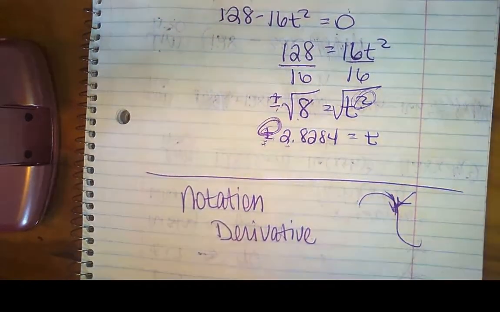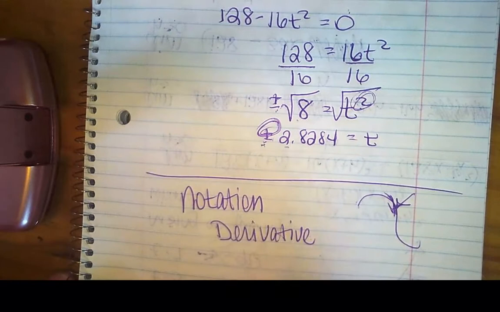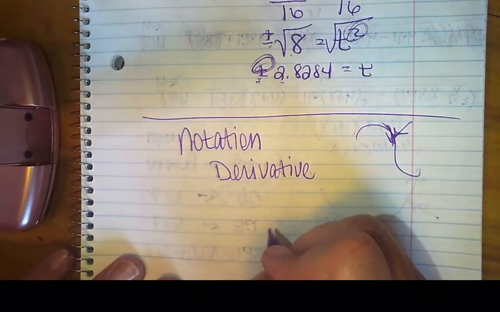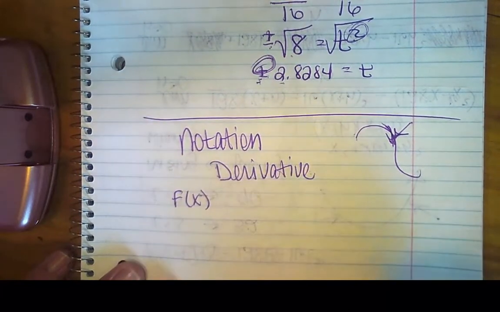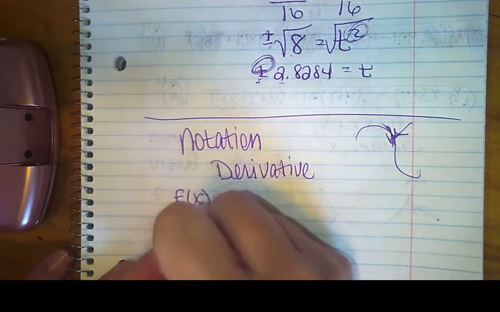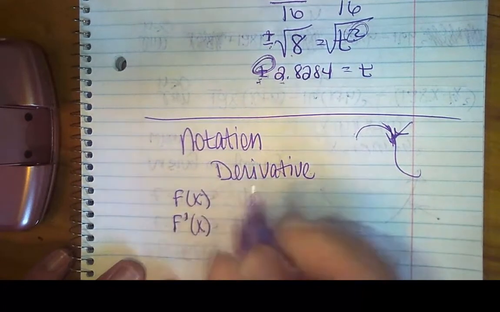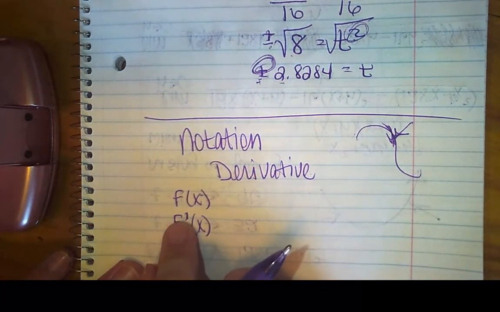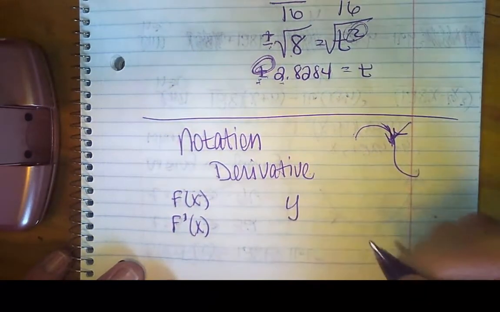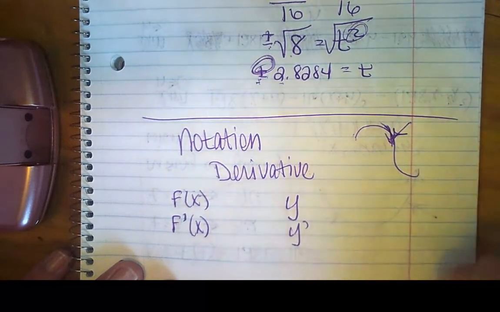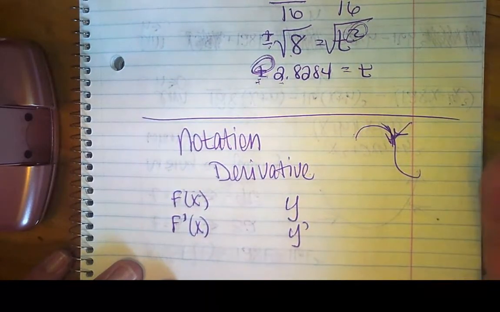Okay. So the notation that we're going to use, if we have equations, then I can have my original function, or I can say its derivative. So it's just like a little apostrophe. It's a little tick mark. Okay, so this is my original function. This is my derivative. I could just as easily say y and then y prime, or the derivative of y.